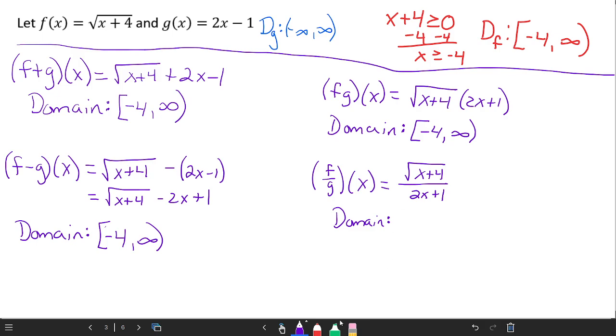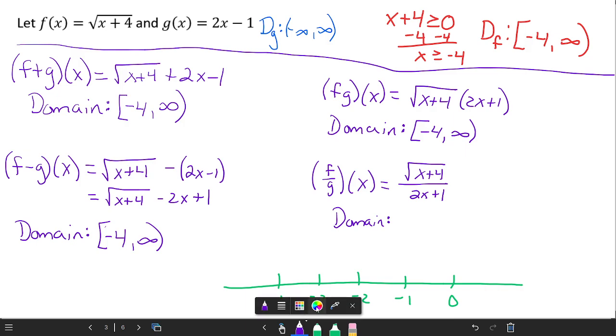So I think it's helpful to draw this on a number line. So here's -4, -3, -2, -1, 0. All right, so from our function f, we already know that we have to use numbers that are greater than or equal to -4.